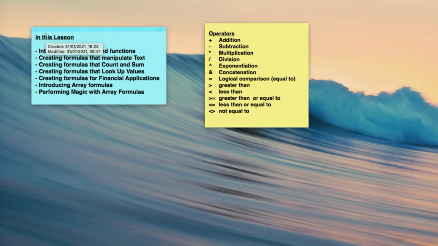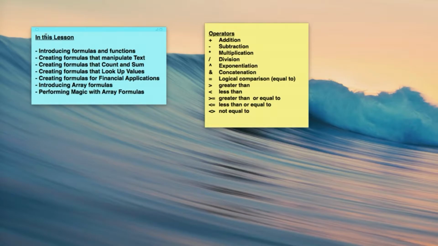So in this lesson, we're going to do some introduction to formulas and functions, understand some basics on how we can manipulate some text, and also an introduction to some of the top Excel functions like the count sum. You can also try to look up values using the VLOOKUP and the INDEX MATCH functions, and also array formulas.